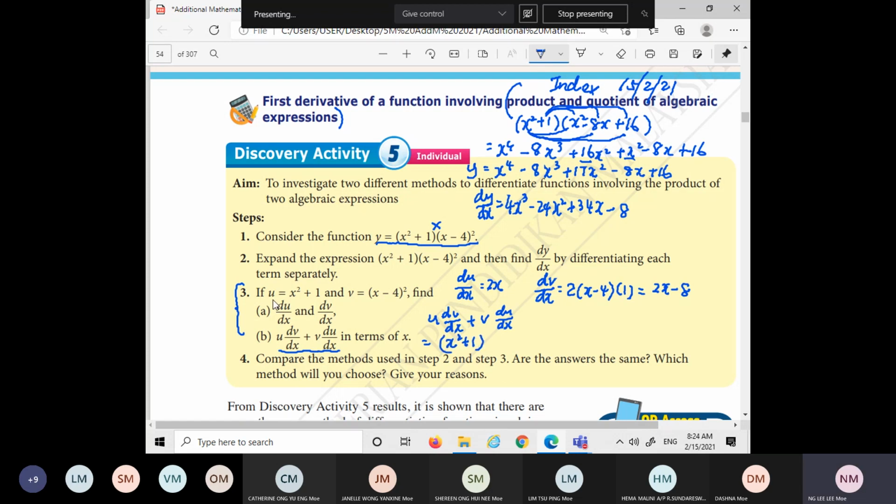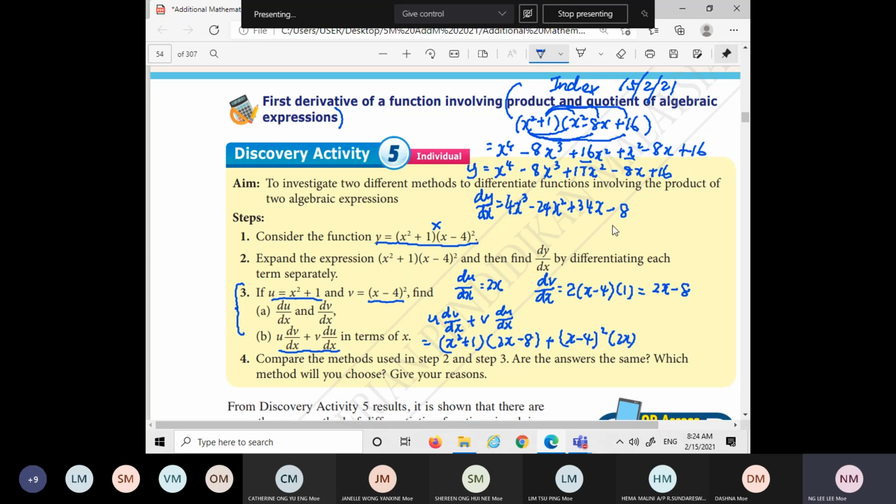Then dv dx is 2x minus 8. Plus, v is x minus 4, then power 2. du dx is this, 2x. So 2x. How am I going to compare this with just now?